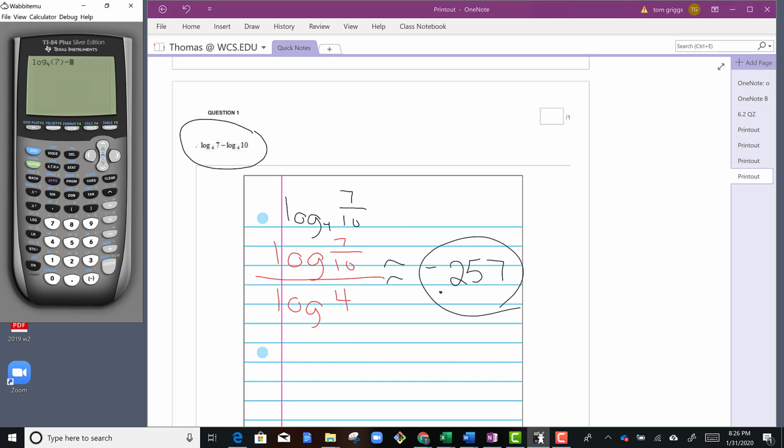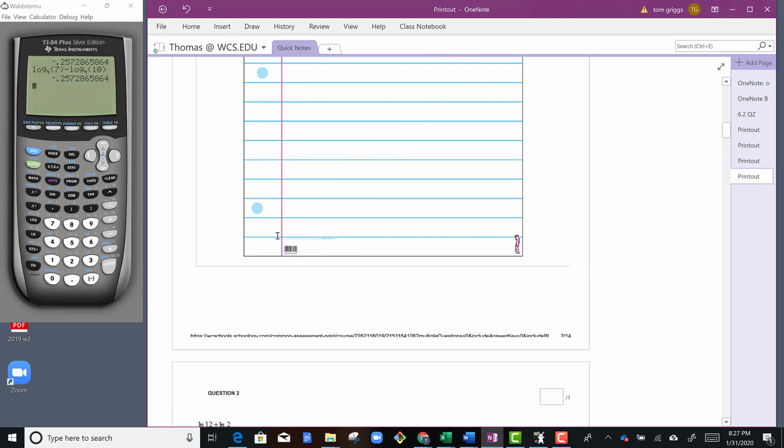You've got to show work, but you can always use this to check your answer. So I type in the original problem, hit enter, same decimal. So pretty easy to check these using the graphing calculator.